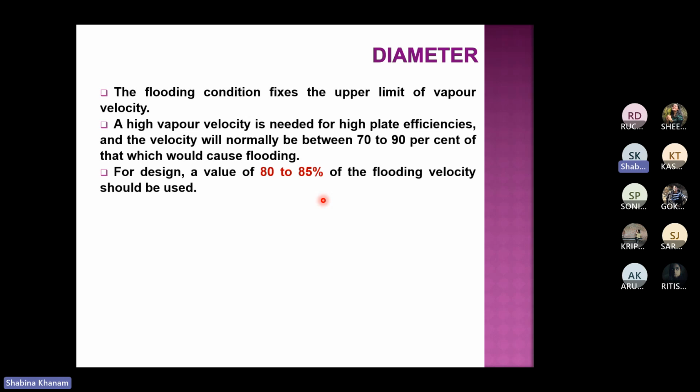I hope you are getting my point. If any observation is there, please share. So the normal or operating vapor velocity should be 80 to 85% of the vapor velocity at which flooding will occur.